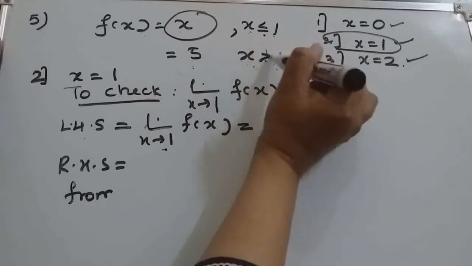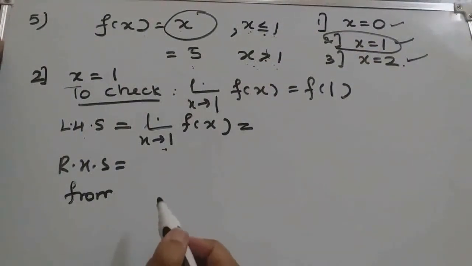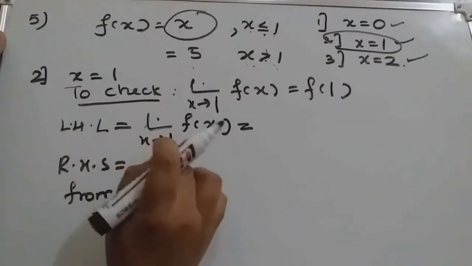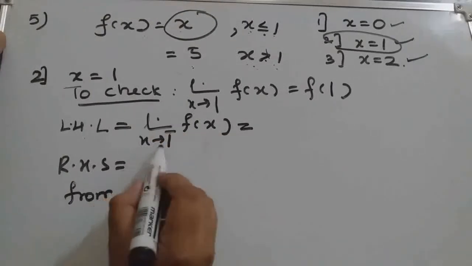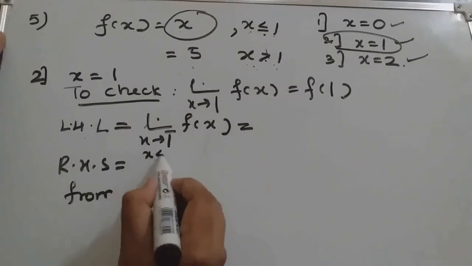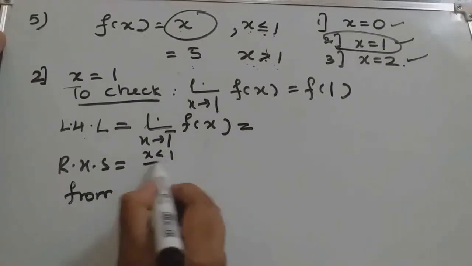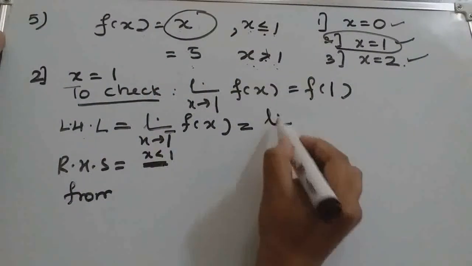So in this condition, we should consider the left hand limit and the right hand limit, isn't it? So we'll consider the left hand limit, that will be x tends to 1 minus. What does this indicate? That the value of x is less than 1. So in which function is the value of x less than 1? The first function.